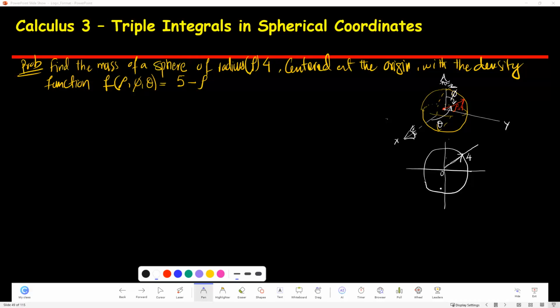So the bottom line is that we can talk about phi and theta, which one goes from where to where. If you want to make the sphere, you can make phi go from 0 to pi.